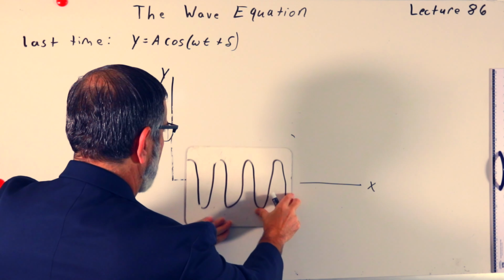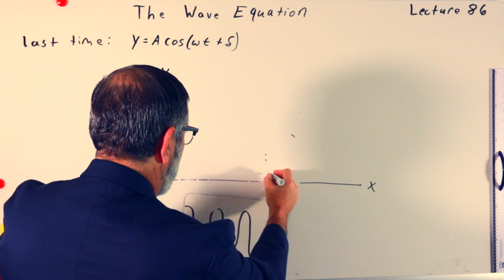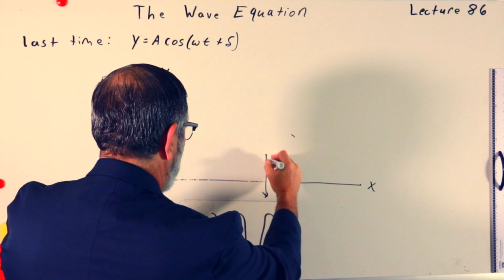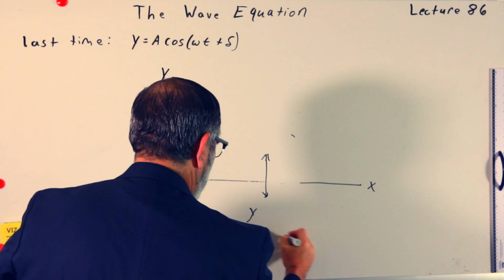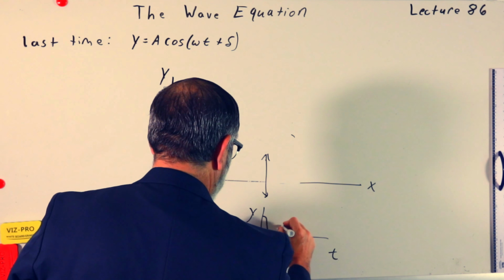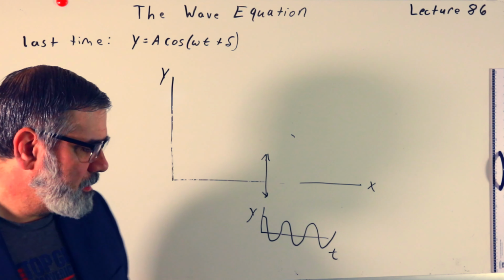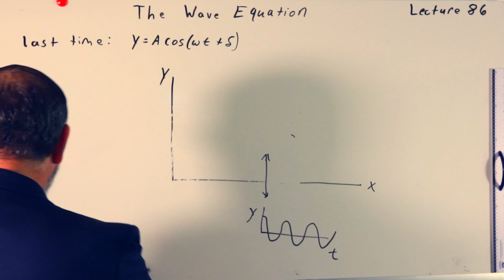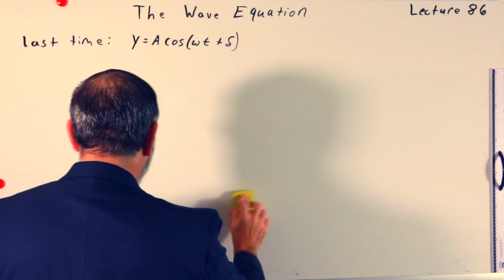As we move across here, it's going to go down, and then it's going to reach some minimum down here. So it's going to oscillate up and down in time. So if we were to plot y versus t, we would see it waving in time as well. So that is a traveling wave.